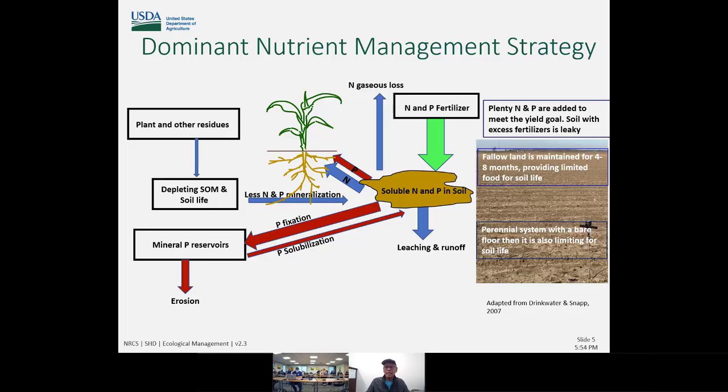We apply a lot of nutrients, and soil cannot hold those excessive nutrients. So look at here, the width of the arrow is showing how much you are actually applying.